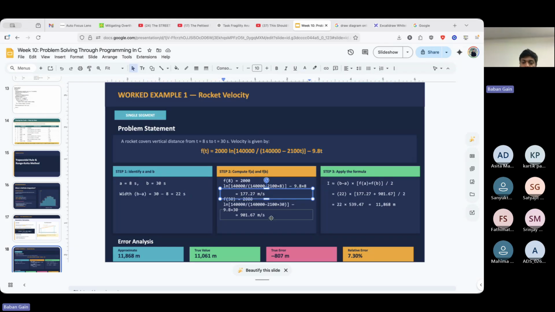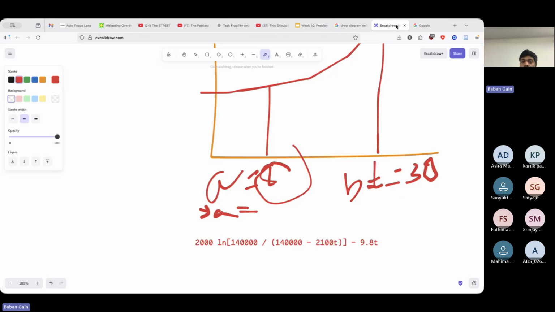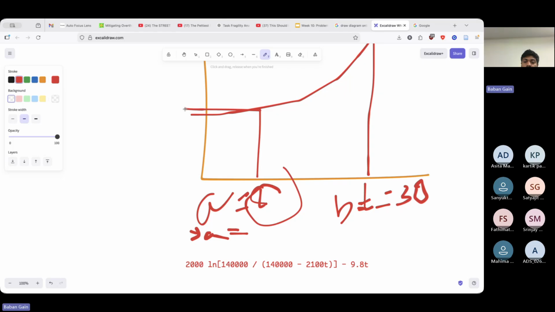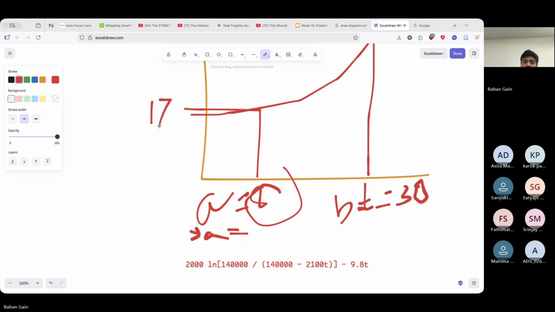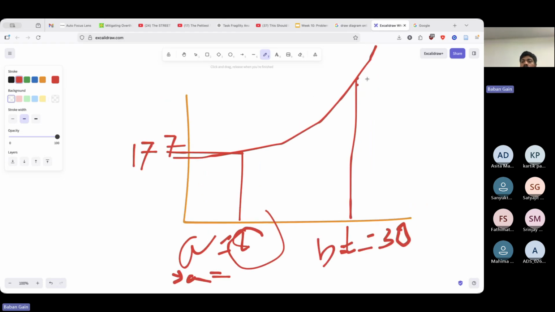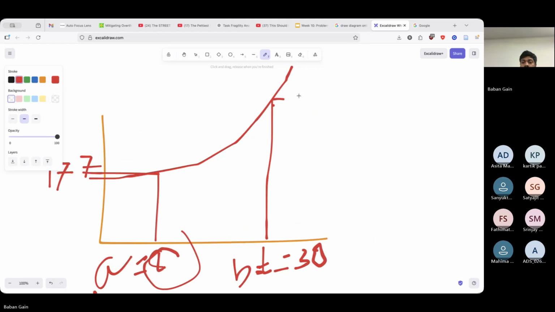And if you give 30, the endpoint, you get 901. So basically, this value is, let's assume, 177, and this value is 901.